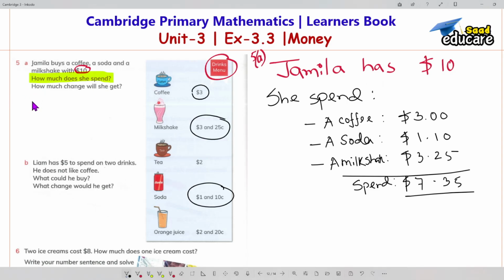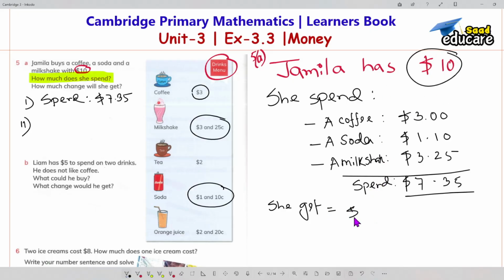So our first answer, how much she spent: $7.35. Second one, how much change will she get? She had $10 minus $7.35.